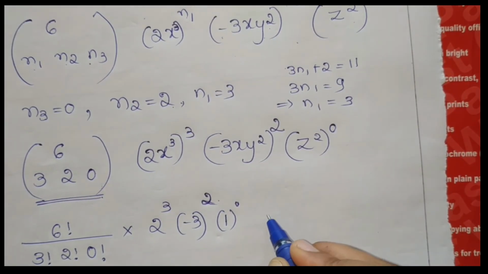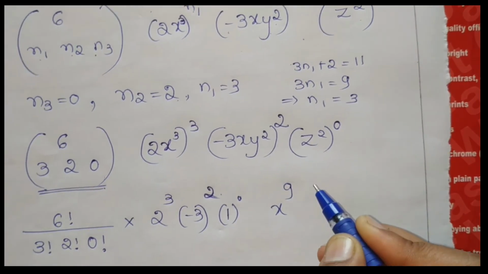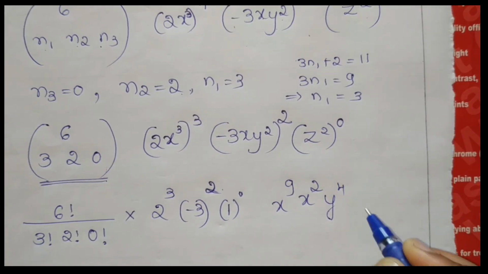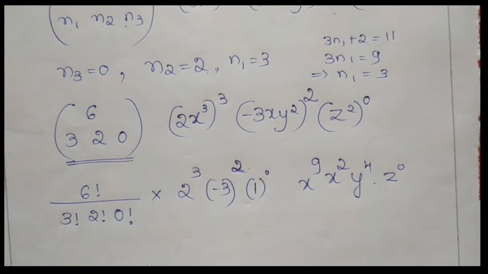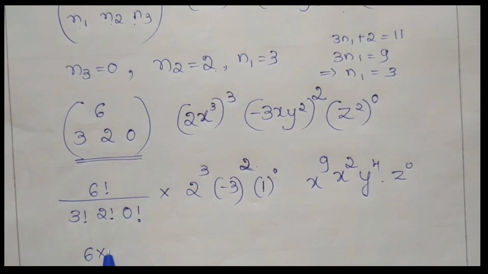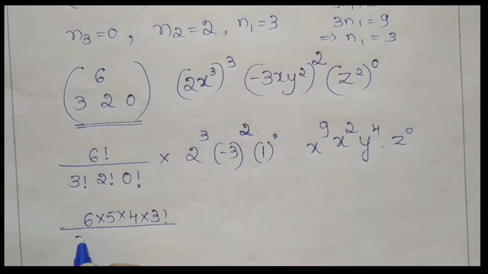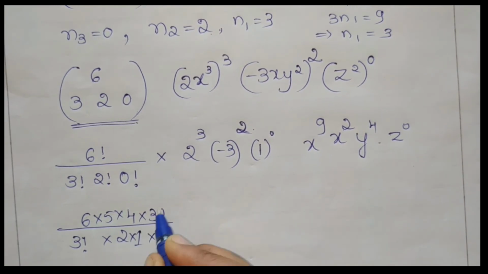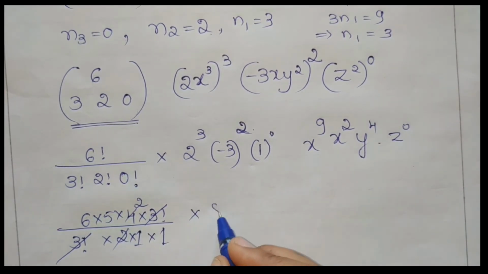Okay. So next, here x cube raised to 3 means it is x raised to 9, x raised to 2, y raised to 4. So here z raised to 0. 6, 5, 4, 3 factorial divided by 3 factorial, 2 into 1. 0 factorial is always 1. 2 ones are 2, 2 twos are 4, so 4 into 2 cube is 8.